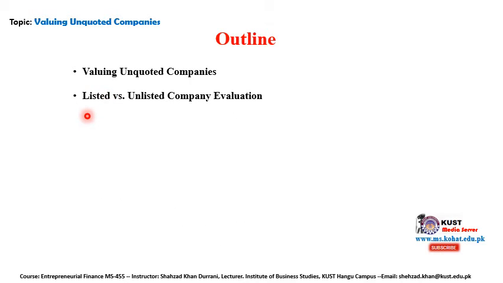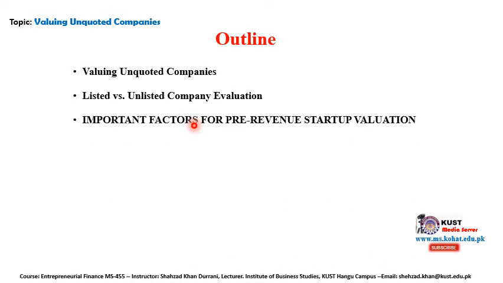Then we will try to differentiate listed versus unlisted company evaluation, how the evaluation takes place for the listed and the unlisted company. Then we will talk about the important factors for the pre-revenue startup valuation, right?